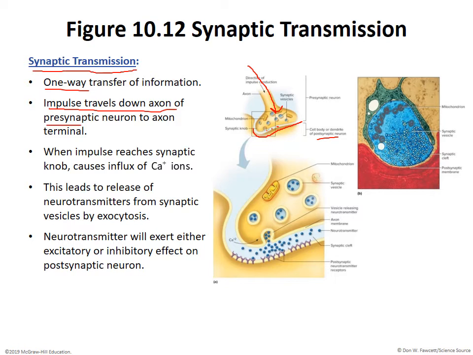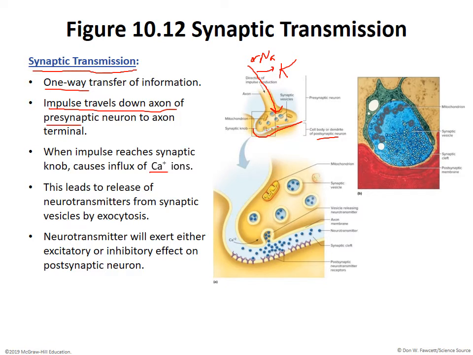And then when the impulse reaches the synaptic knob or the synaptic terminal, it's going to be calcium ions that come in. All the way down, it is sodium ions that come in. Hopefully you've watched the video about how an action potential works. It's sodium that goes into the cell, and it is potassium that leaves the cell.